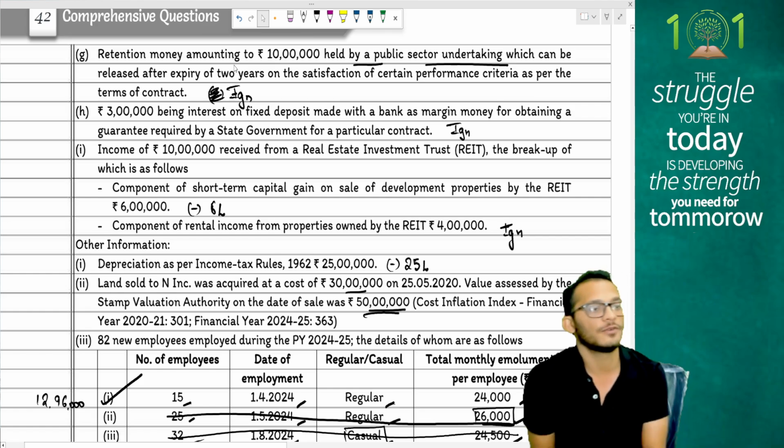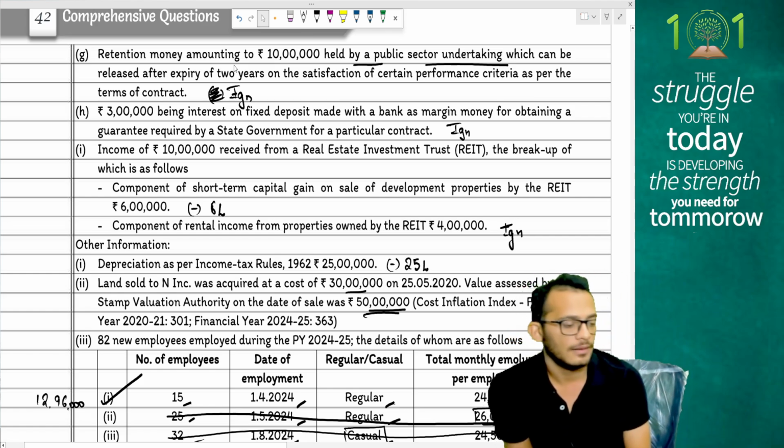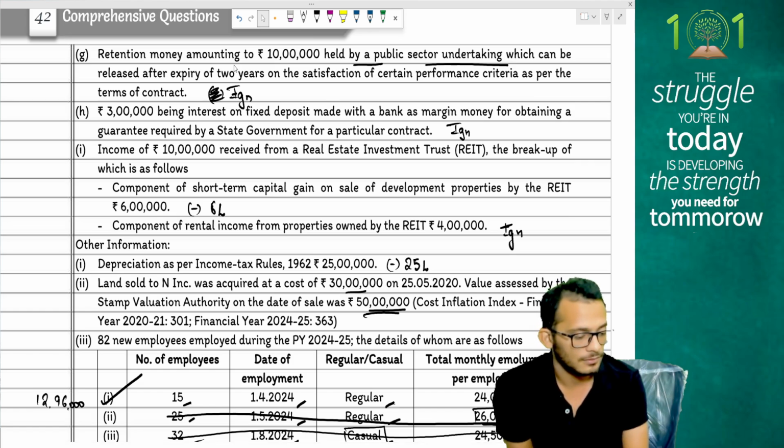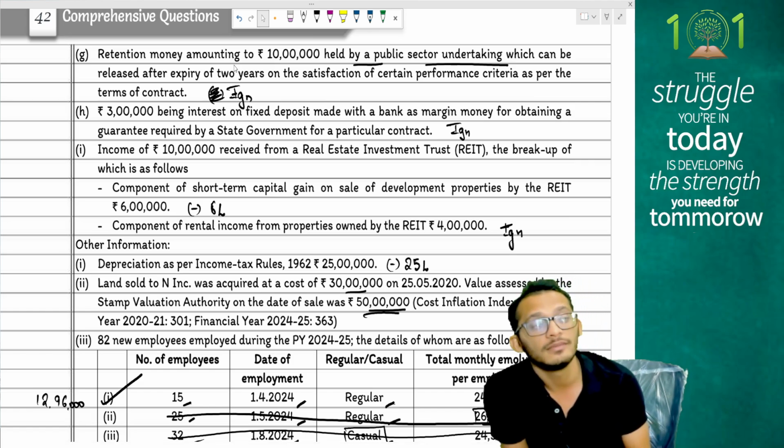Done. Is my PGBP done? No, I still have one component left, which is my depreciation.